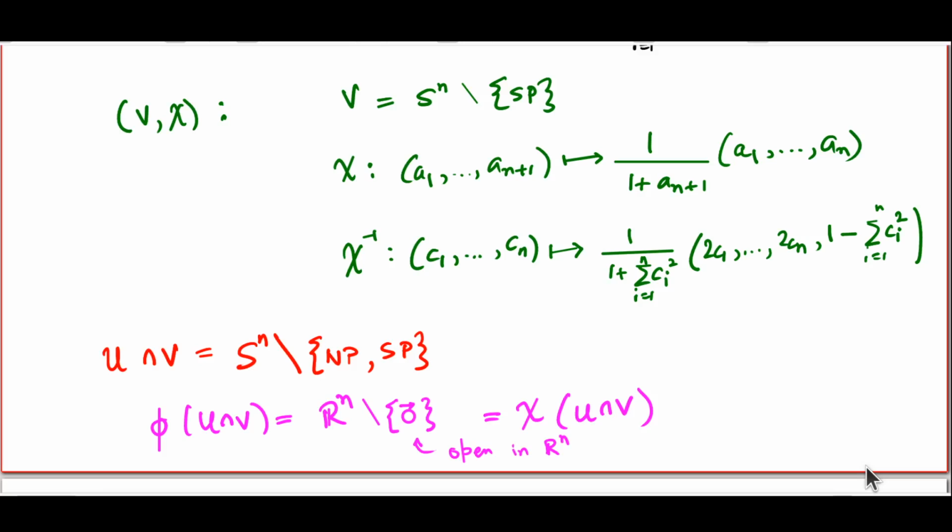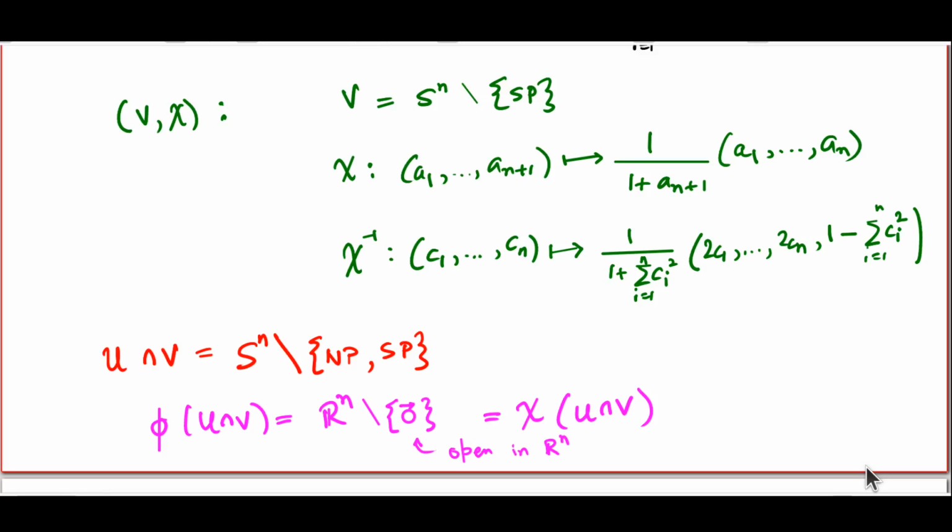And what about the effect of mapping this U intersection V via the two maps, phi and chi? Remember, the images of U intersection V under phi and under chi have to be open sets of Rn for this to work.